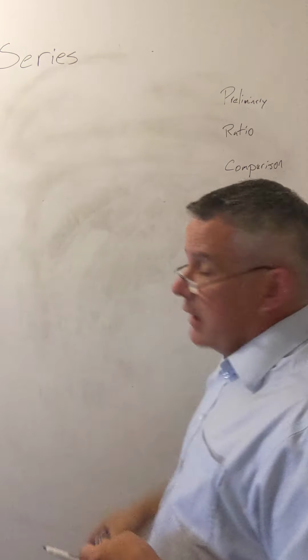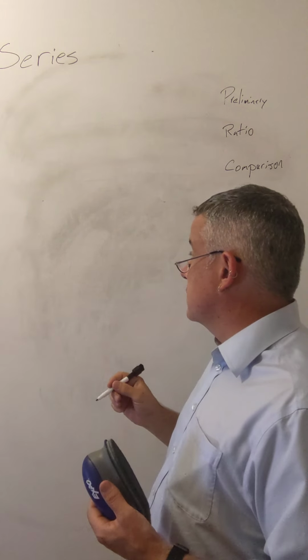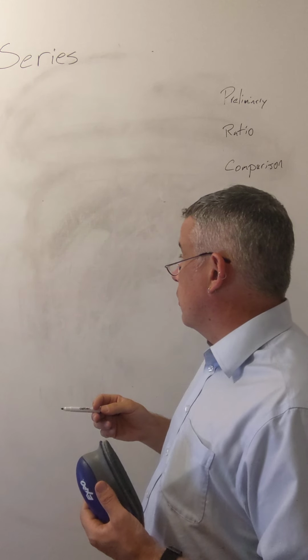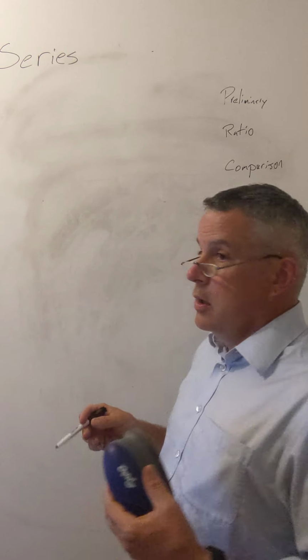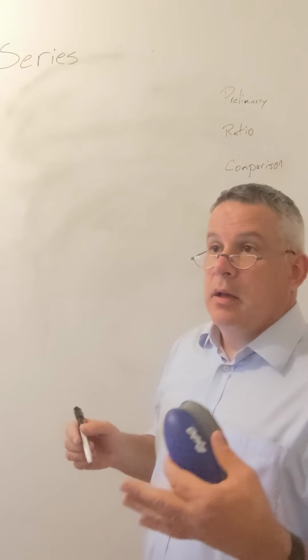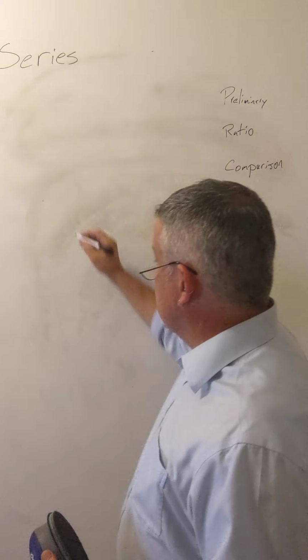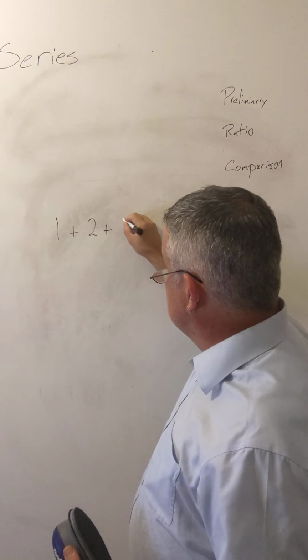Okay, the last thing that I wanted to talk about in series was arithmetic, geometric, and power series, and just what those are. So an arithmetic series is when you're just adding together numbers.